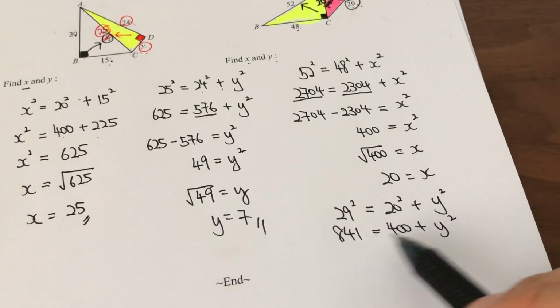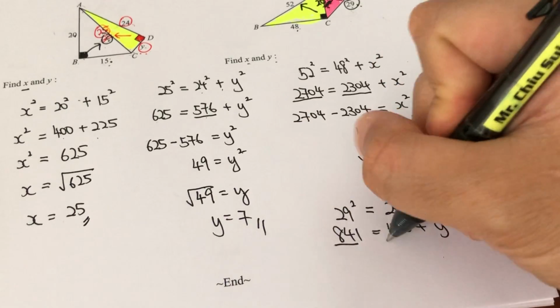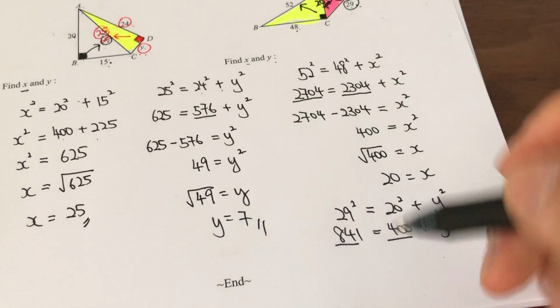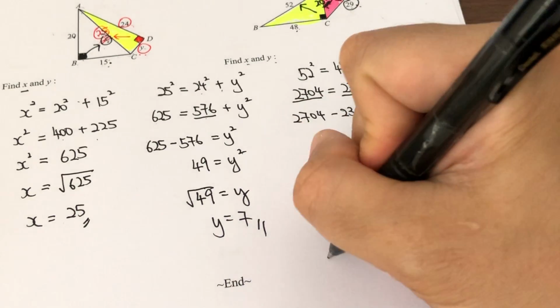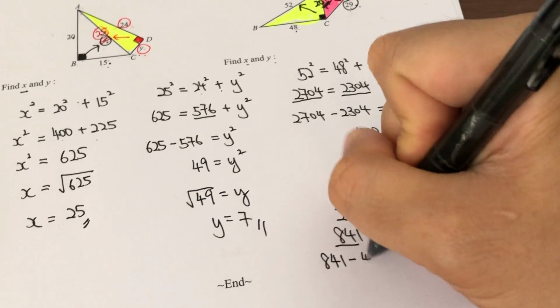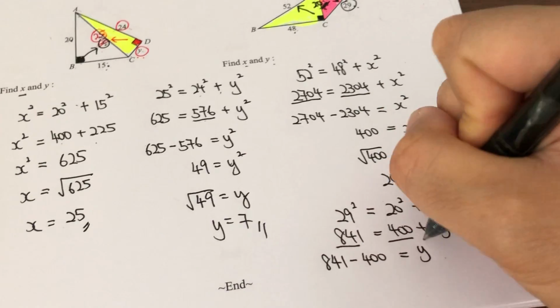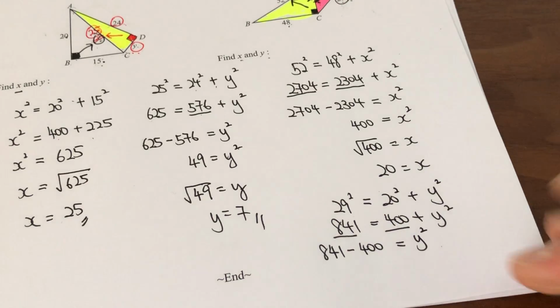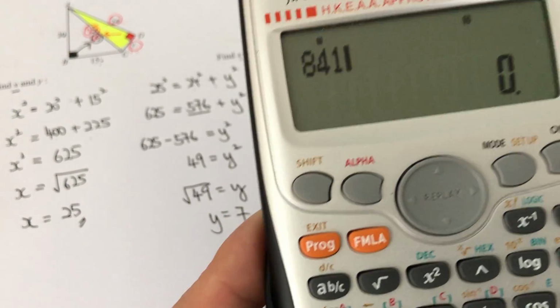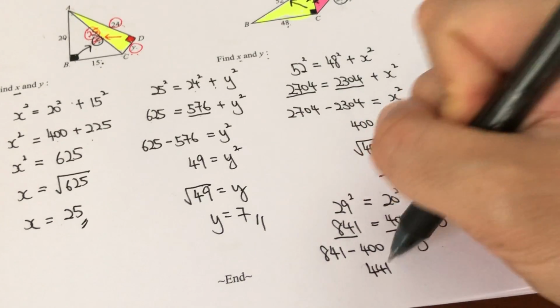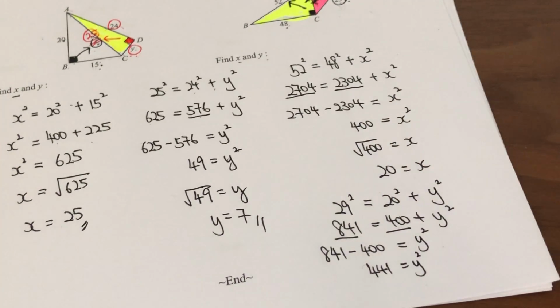Are you able to continue? What to do with the numbers? Bring the 400 to the left hand side, becomes negative 400. Right? So 841 minus 400, 441 equals y squared.